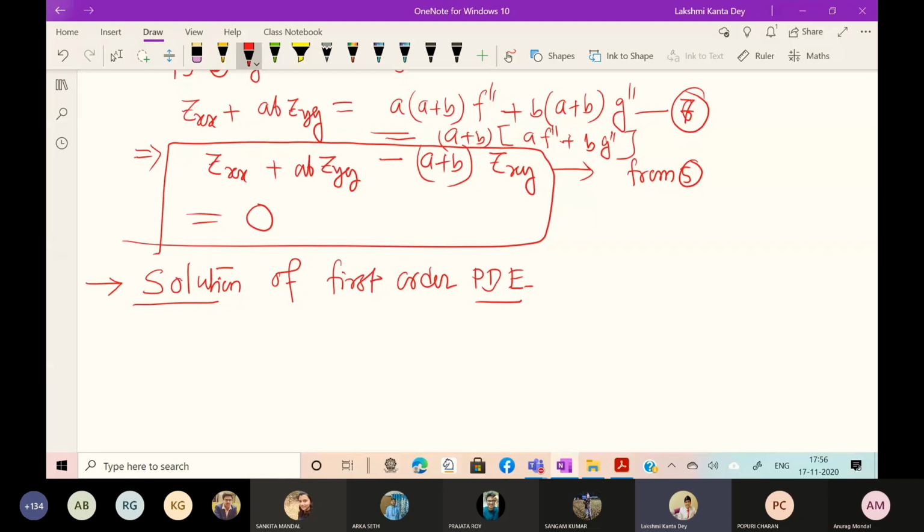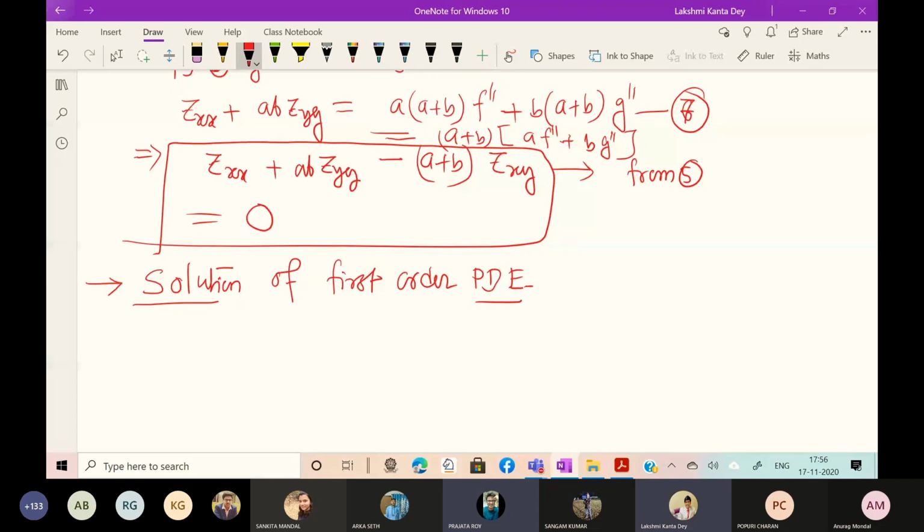Or informally, I like to say a relation between the variables which does not contain any derivatives and which identically satisfies a given partial differential equation is called a solution, or sometimes its name is integral of the partial differential equation. Should I repeat it? Yes, sir. Please do, sir.